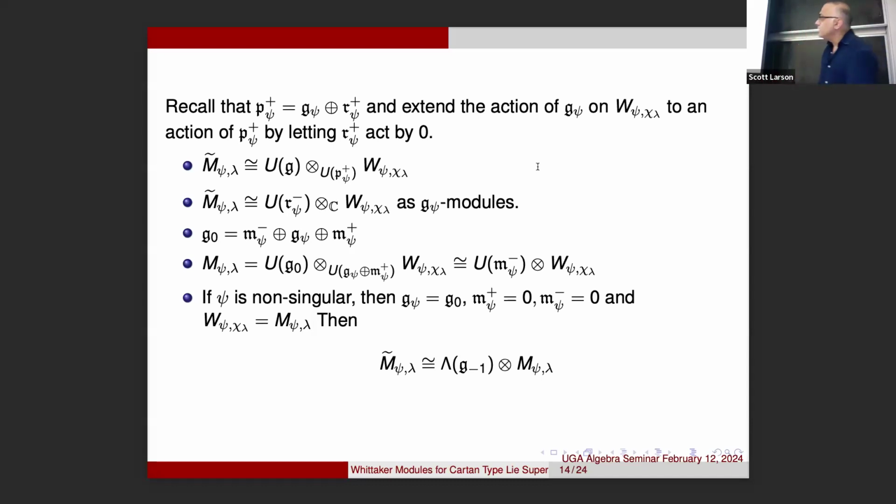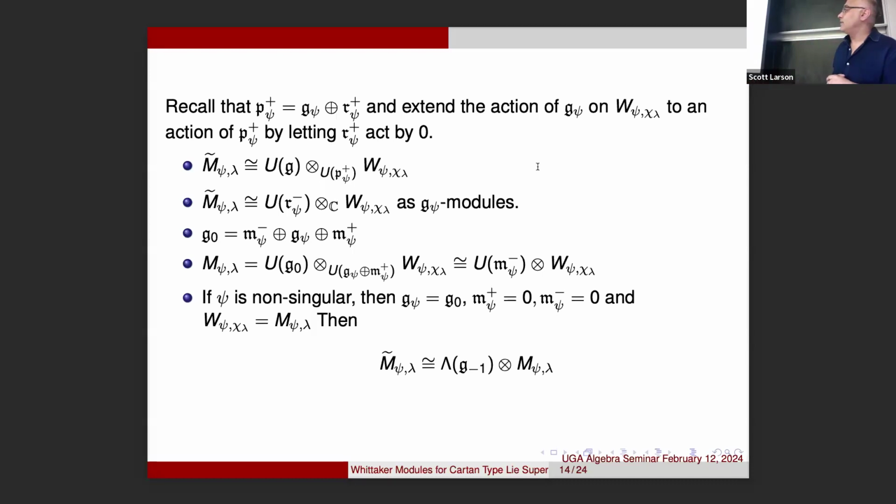There is work of Milicic and Soergel on this module. They look at such modules; we define the same thing here. Of course, you can make connections between these modules. The G module M tilde will be isomorphic to the exterior algebra of G minus 1 times this induced module from G psi to G0.